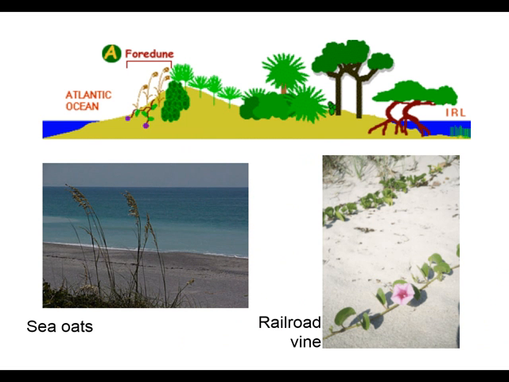Some of the characteristic plants here, just to show you what they look like, and some of these we will see. I'm not sure about all. Dr. Keener can probably chime in here and tell you what we might encounter and what we might not encounter, but we certainly will see sea oats, which are a foredune plant. In the Indian River barrier islands, railroad vine is quite common.